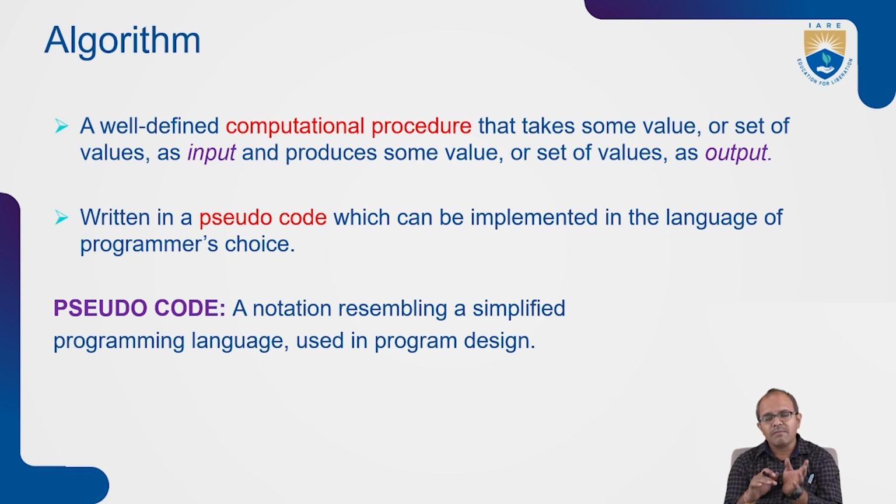Later we can express each step or each instruction with any programming language. The pseudocode should resemble any programming language. So if I take any programming language such as Java or Python or C, I can implement this pseudocode. That is nothing but the implementation phase of the algorithm.